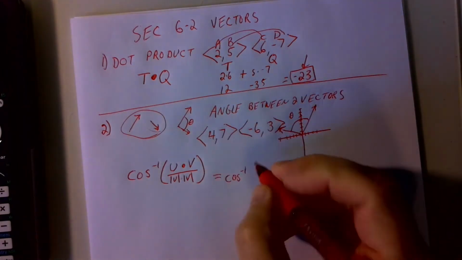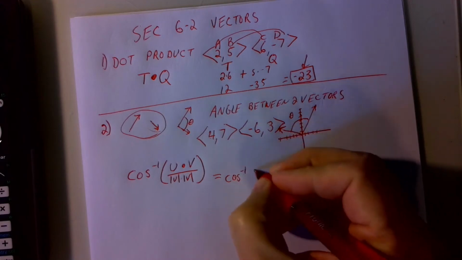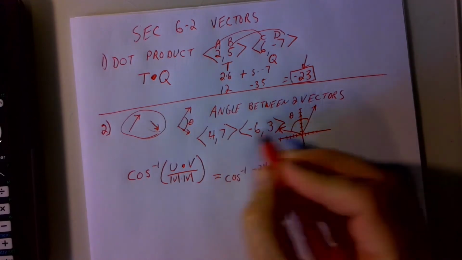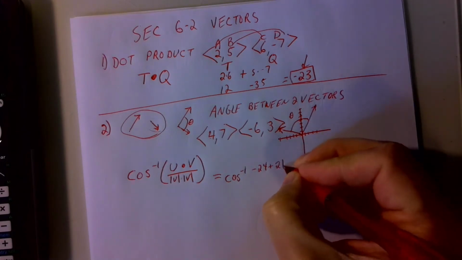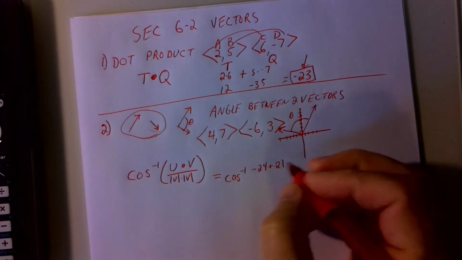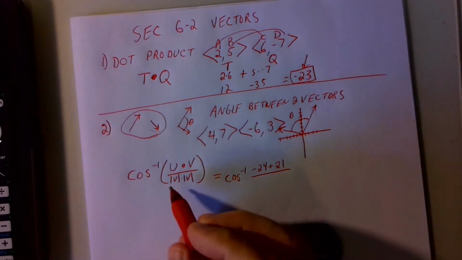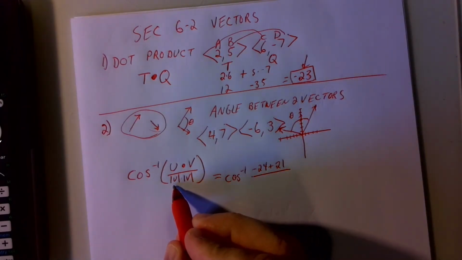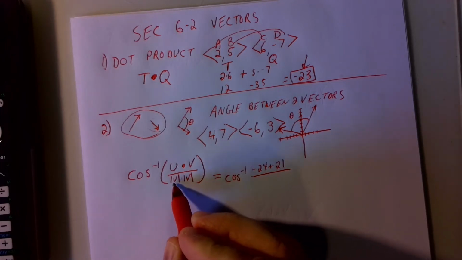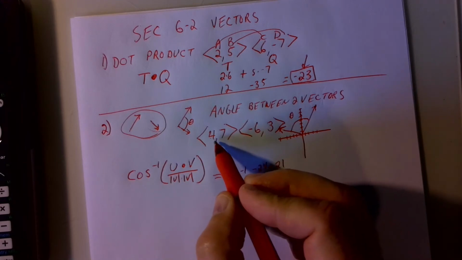So 4 times negative 6 is negative 24. And plus 7 times 3 is 21. So negative 24 plus 21, that's negative 3, right? So we'll get to that in a second. Magnitude of u times the magnitude of v. So magnitudes, right? That's square it, add it, root it.